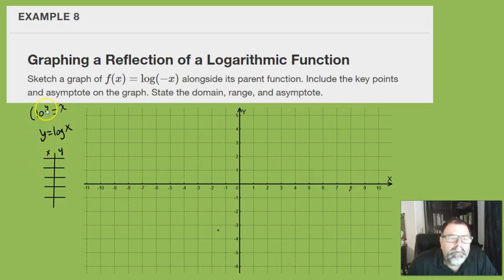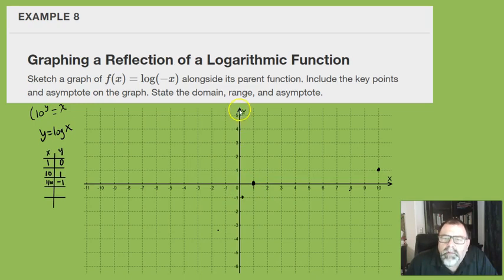I'm putting in 0, 1, and -1 for y. 10 to the 0 is 1, 10 to the 1 is 10, and 10 to the -1 is 1/10. So we get the points (1, 0), (10, 1), and (1/10, -1).